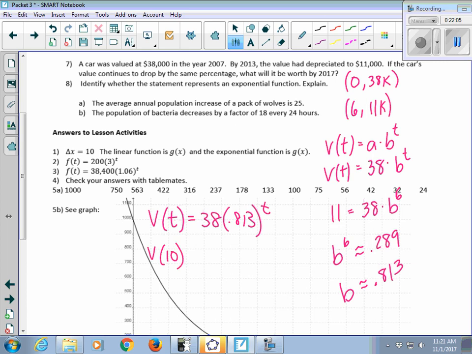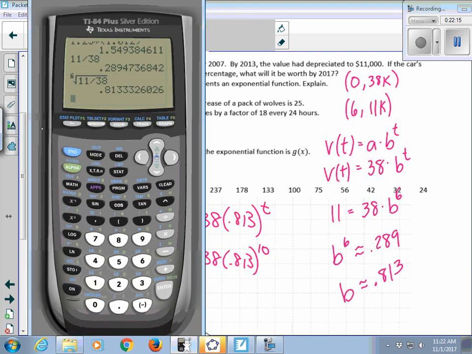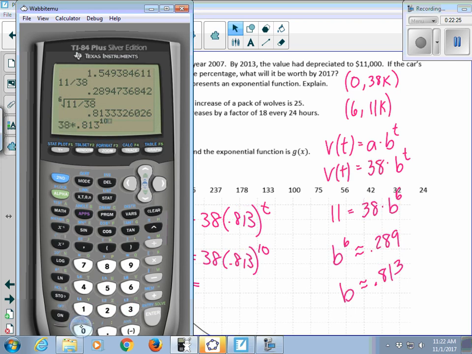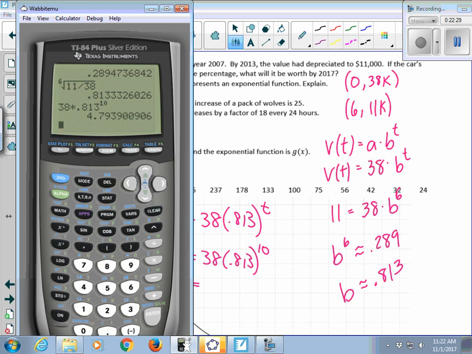That's 10 years after 2007. 38 times 0.813 to the 10th is 4.79 thousand.